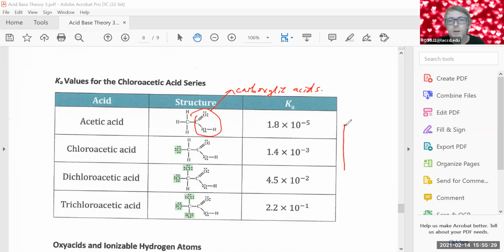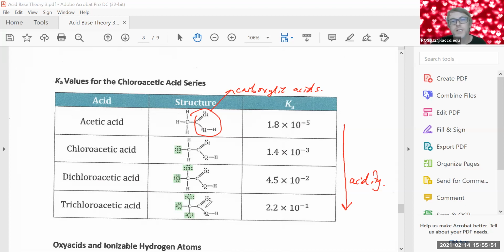So acidity is increasing this way, because acidity is proportional to Ka. So although we're still weak, because we're carboxylic acids, we're able to fine-tune how weak we are, and we're getting a bit stronger. Why?